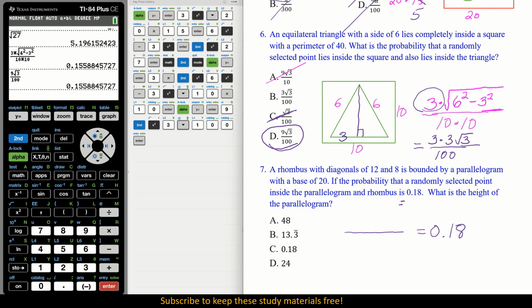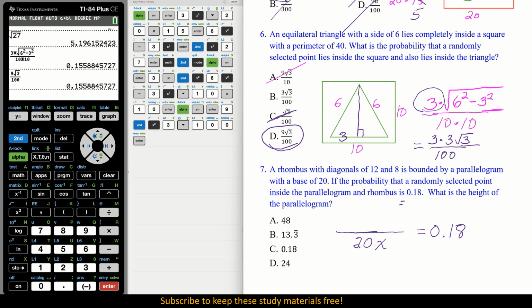So our rhombus is going to be inside the parallelogram, correct? Yes. Okay. So first, our parallelogram is going to be our denominator. It's our big total larger shape. So how do you get the area of a parallelogram? Well, that is base times height. And we don't know the height, so we're going to call it x.